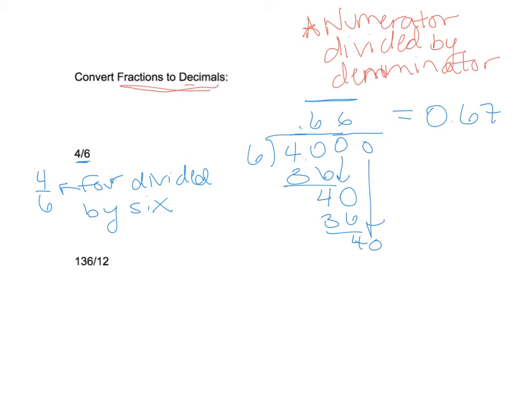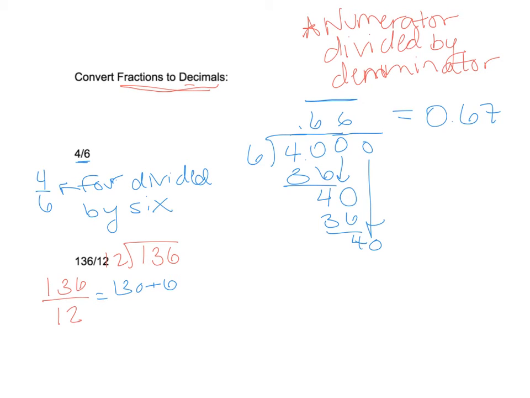Alright, now let's try this problem down at the bottom, which looks more intimidating, but it's really just the same old process. So this is 136 twelfths, or 136 divided by 12. Now, before we move on and try doing this, notice that this number can be simplified. So let's do that and make our lives a little bit easier. Both of these numbers are even numbers. 136 is the same as 130 plus 6.